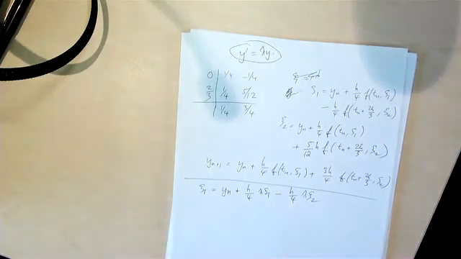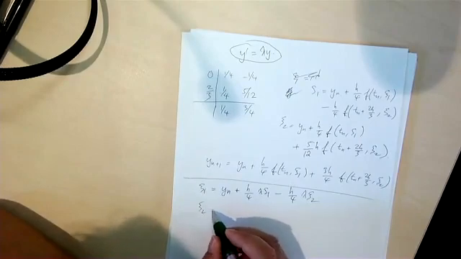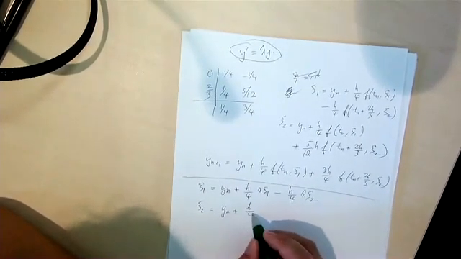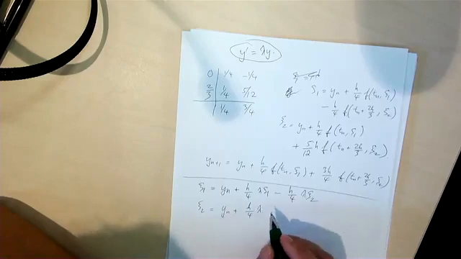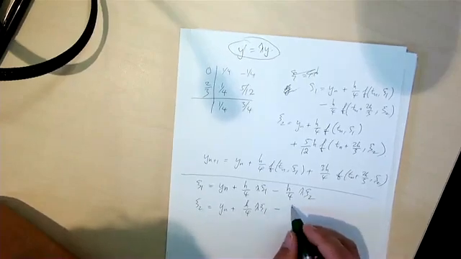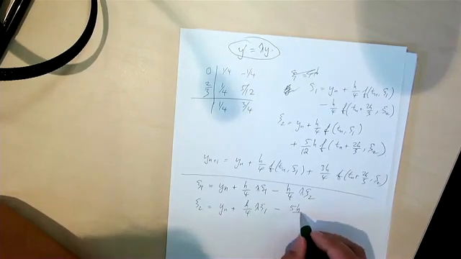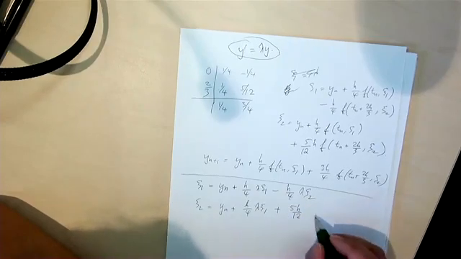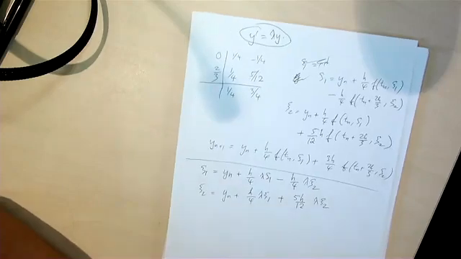And similarly, xi2 will be yn plus h/4 lambda xi1 plus 5h/12 lambda xi2.